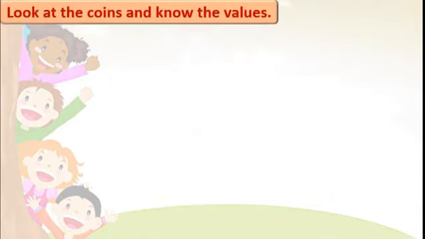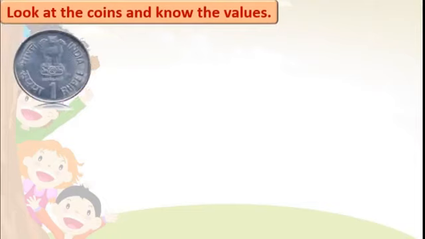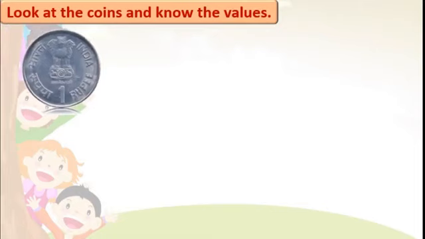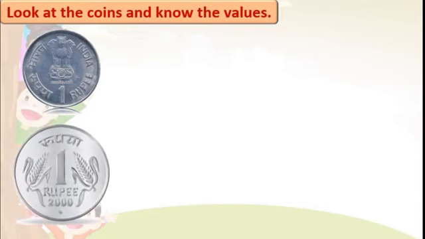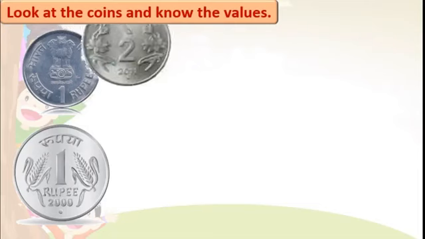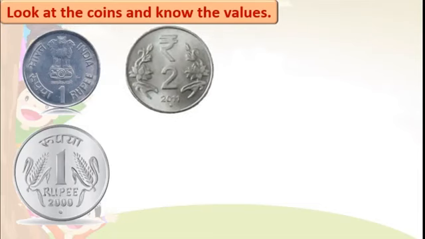Look at the coins and know the values. Okay? We will see here. Yes, what is the value of this coin? 1 rupee. Right. See, this is also 1 rupee. We can see two different coins of 1 rupee. This is 2 rupee coin.